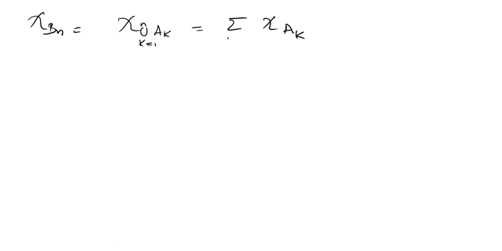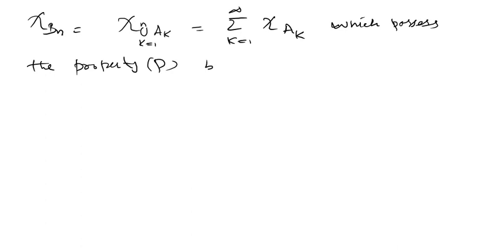So it's a finite sum of these functions chi of A_k, where A_k belongs to S, which possess the property P, by conditions 1 and 3.